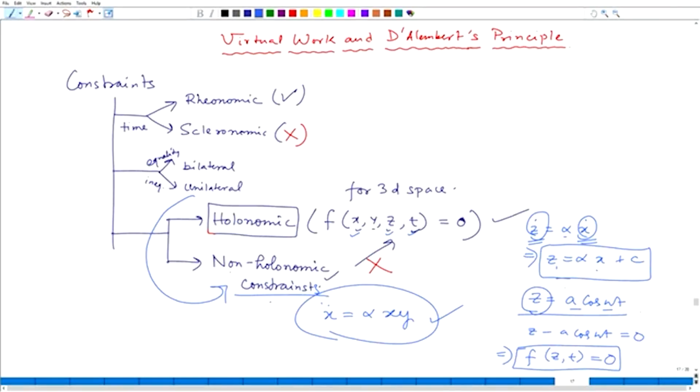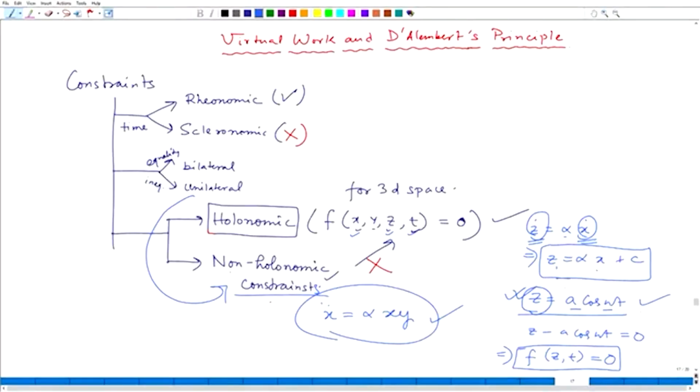So, here the point is that if you know a position coordinate explicitly as a function of time, then just by knowing the time instant you can tell the position.